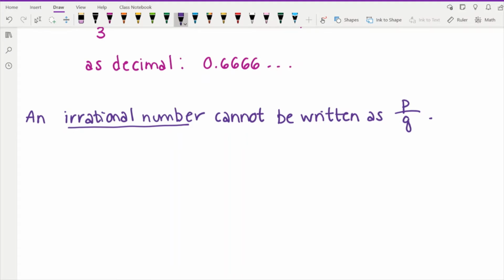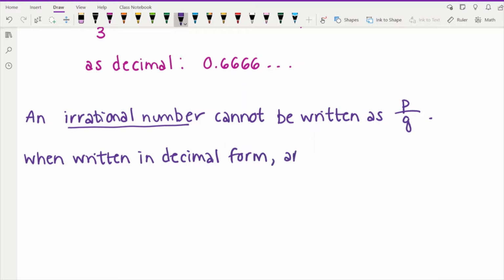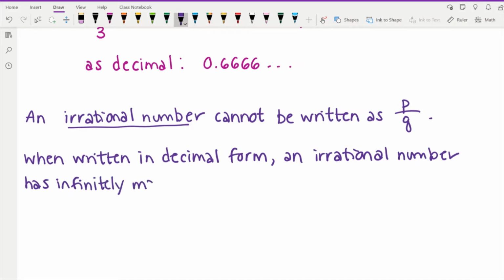So let me kind of write that down. When written as a decimal, or when written in decimal form, an irrational number has infinitely many decimal places, and then, as we said, the important thing is not only that it's infinitely many, it's that they're repeating without a pattern.